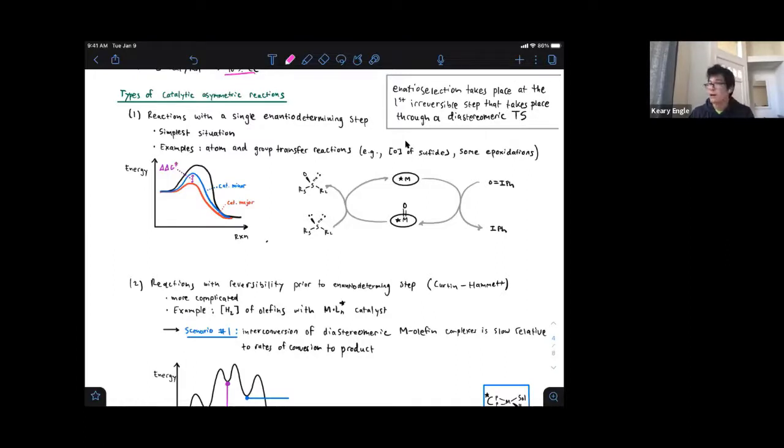You have a single turnover-limiting and thus enantio-determining step, which is just this collision event. And then the delta G double dagger is the difference between the transition state energies between the minor and major pathway, and that will then translate into the empirically observed EE or ER.